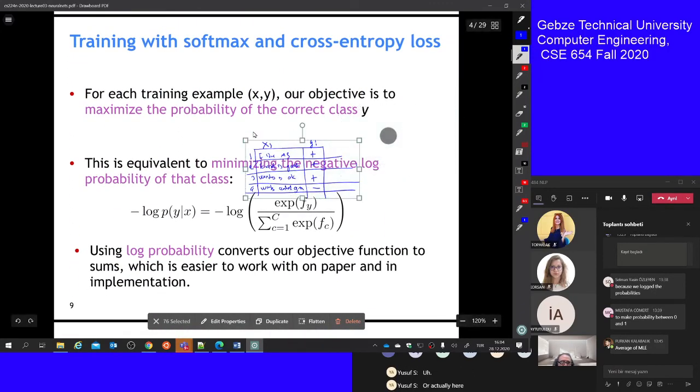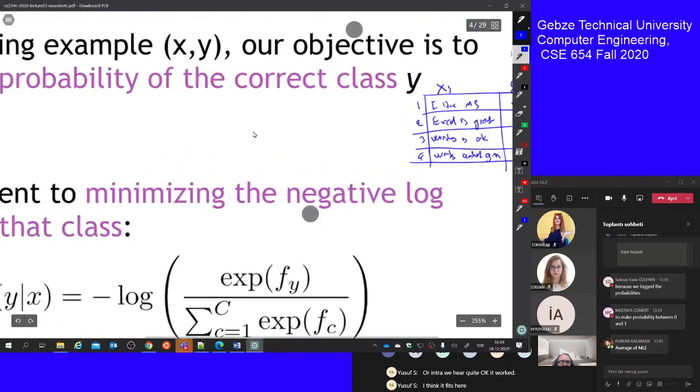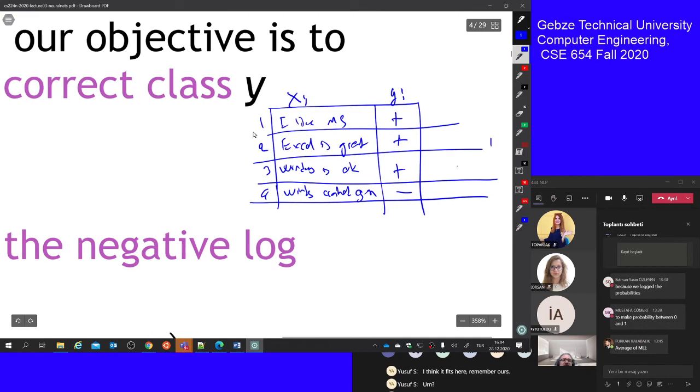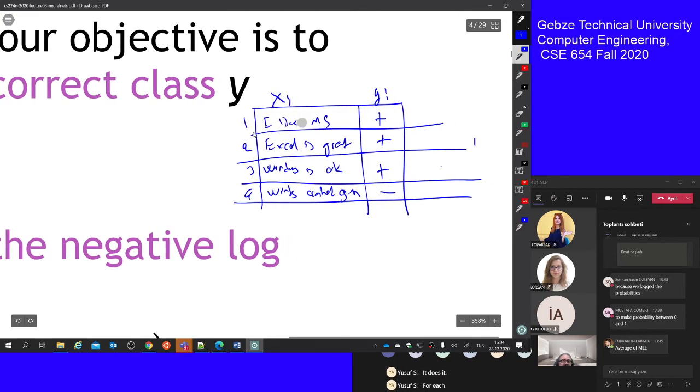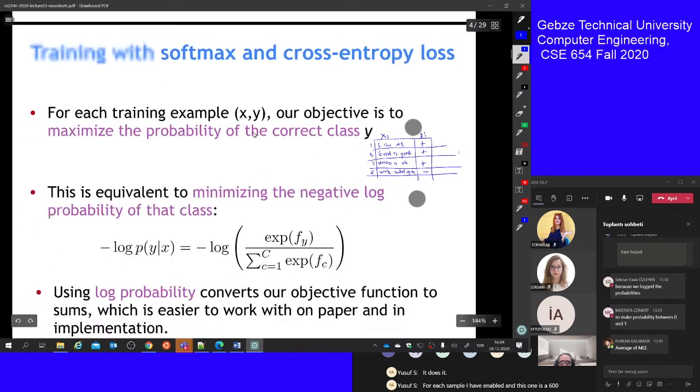Good, okay, it worked. I think it fits here. Remember our data set? For each sample, I have a label, and this one is a 600 dimensional vector.